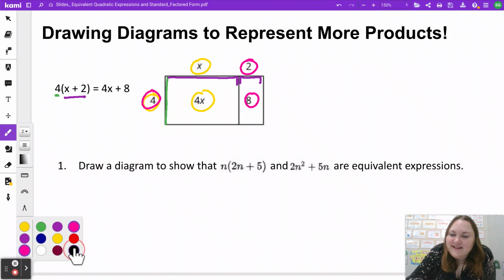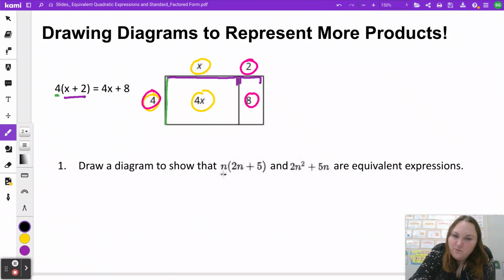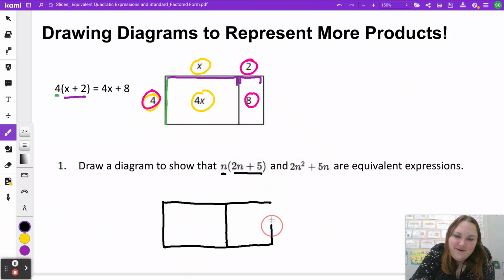When you go to set it up, I see I'm multiplying one term, so I need one thing on that side, by 2 terms. So this side here is going to have 2 parts. See if you can go ahead and fill in how we would label each side of the rectangle.